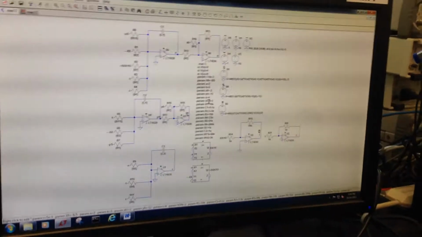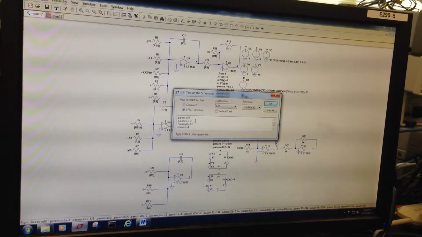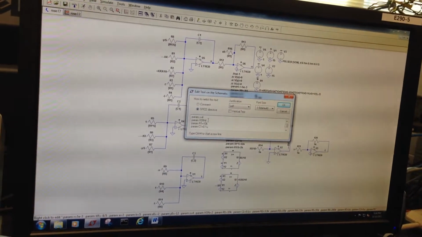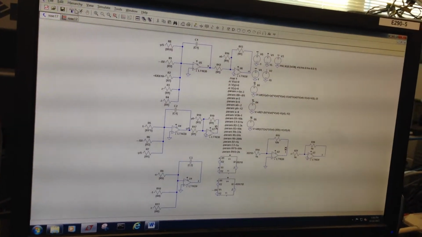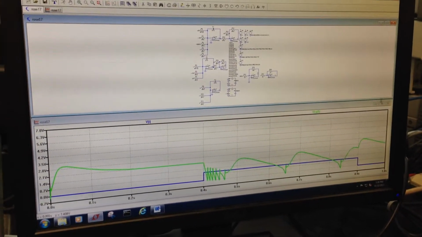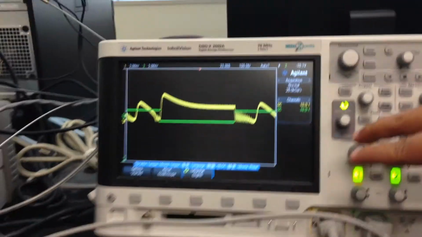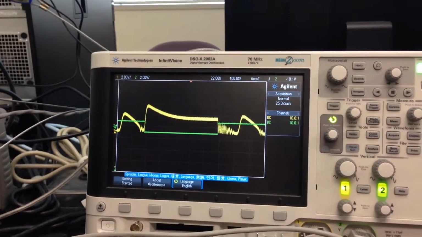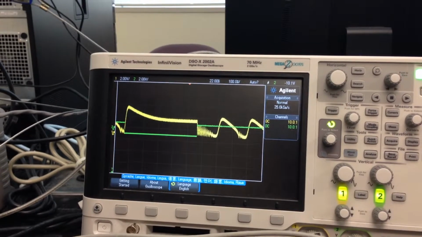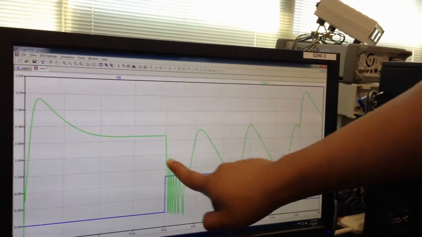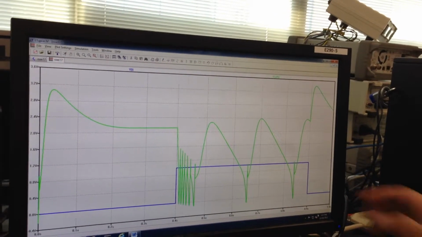Okay, and now for the 1 volt. Just change it to 1. Okay, Y at 1. You can see that the outputs are quite identical, even with the 2 humps and the spiking for the Y.